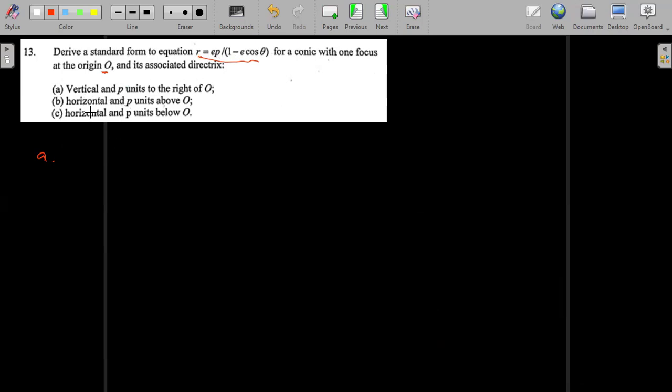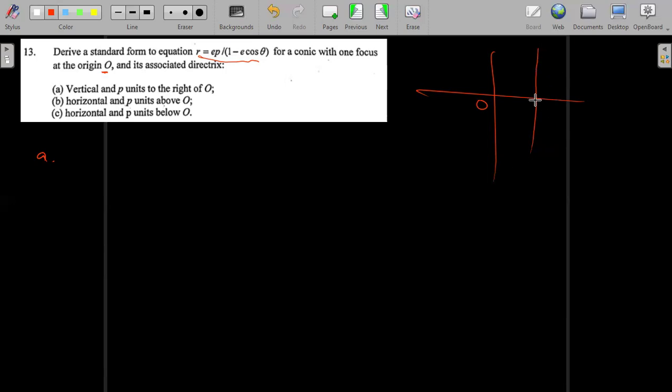Now the directrix they are describing is vertical and p units to the right. If it's vertical, it means that directrix is cutting the x-axis. So if that's the origin, to the right, meaning I'm moving this side, and it's vertical, it's going to cut like that.